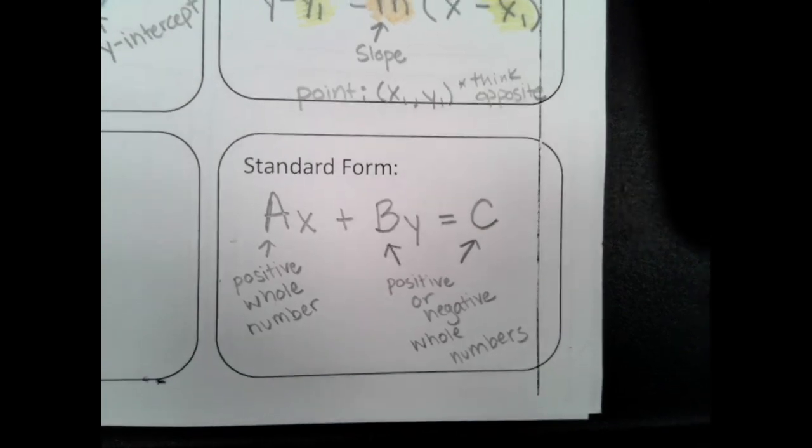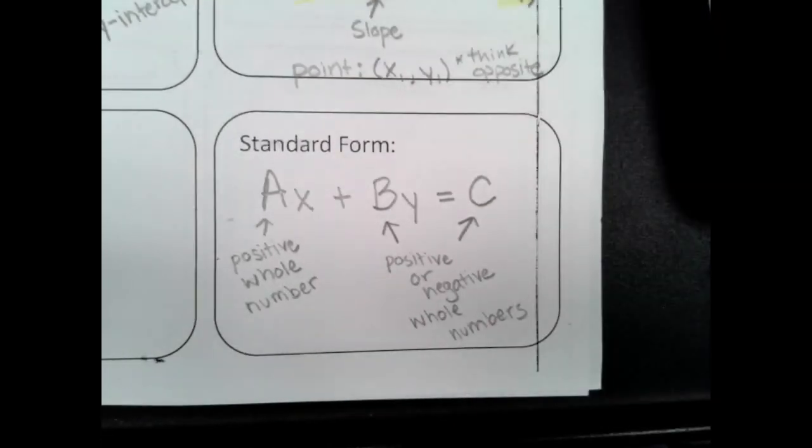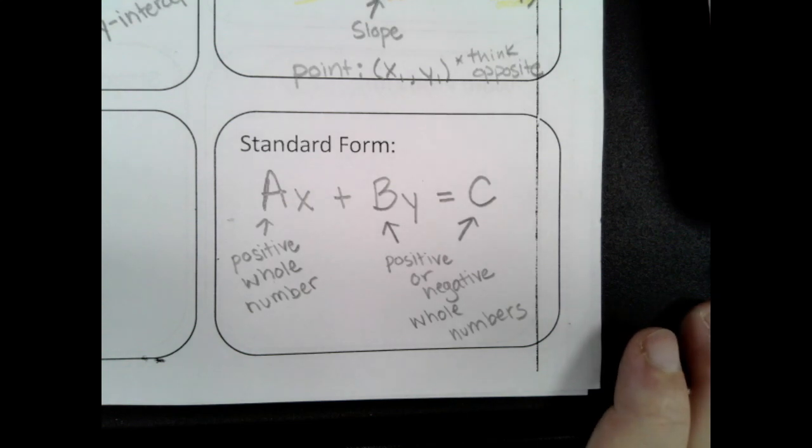So in standard form, we can't have any fractions at all, which runs into a problem because when we talk about slope, slope is what over what? Rise over run. Is slope always a whole number? No. So because we're dealing with a fraction with slope, it gets to be a little bit more complex. But it's actually all stuff that you've done before. You just don't know that you were doing it.